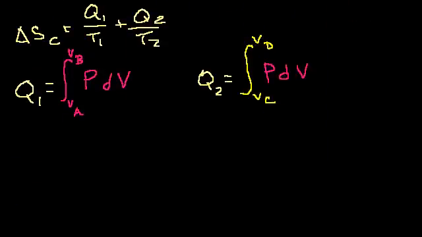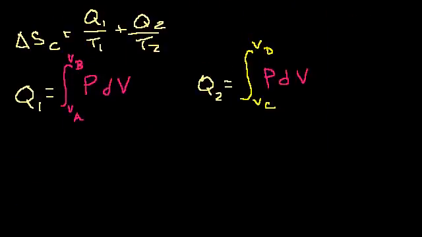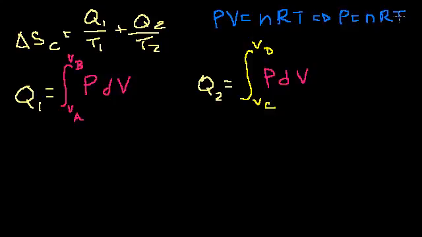And so if we go back to our ideal gas equation, PV is equal to nRT, we can just rewrite this by dividing both sides by V as P is equal to nRT over V. And substitute that back in for P in both cases. That is P as a function of V. We now have the equation of the curve, and we're taking the area under it in both cases.